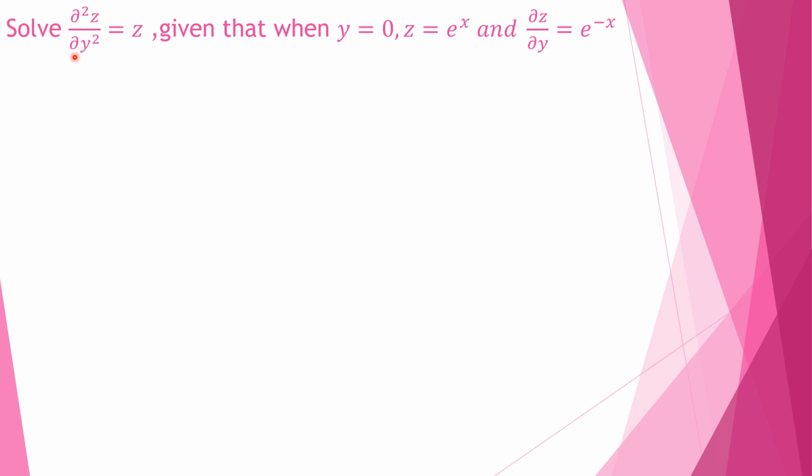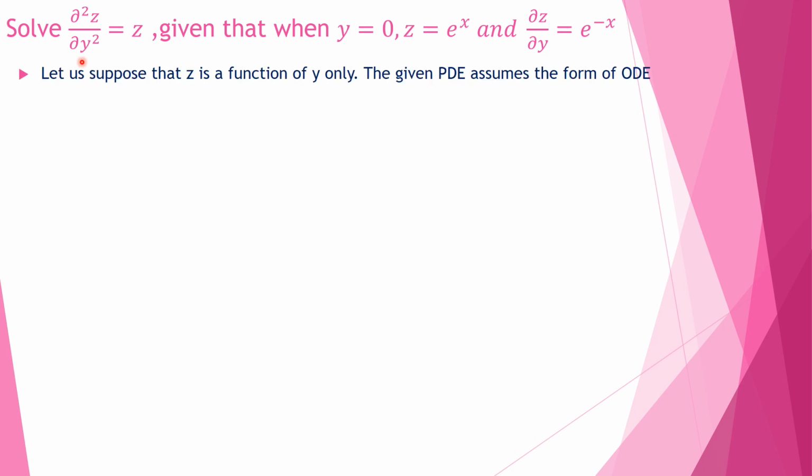Since the only visible independent variable is y, we assume it is an ordinary differential equation, that is d square z by dy square equal to z. This is the corresponding ordinary differential equation of the given PDE. Or we can write d square z by dy square minus z equal to 0, or D square minus 1 into z equal to 0, where D represents d by dy.